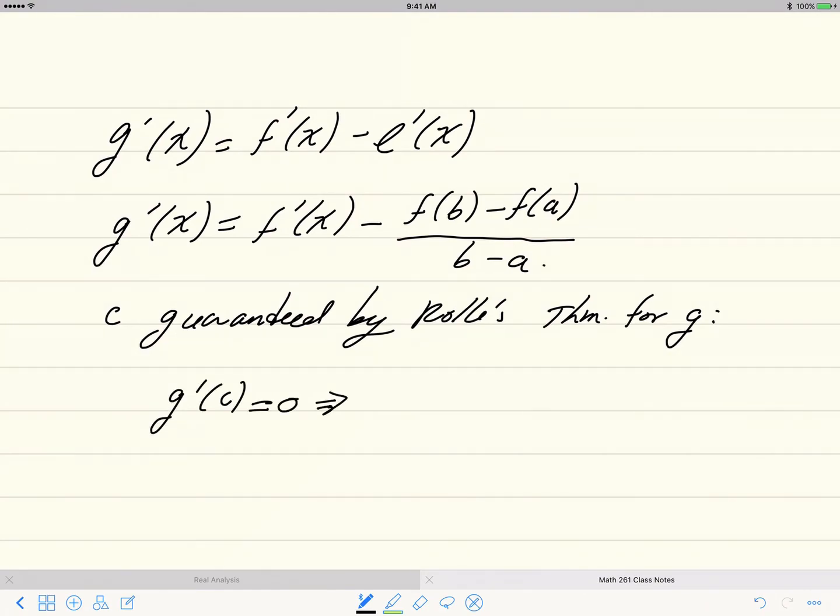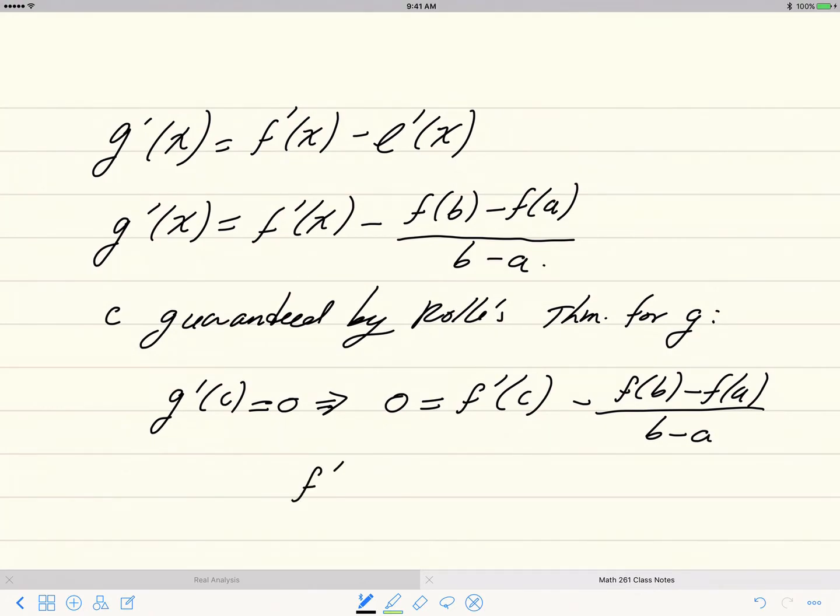So in other words, 0 equals f prime of c, plugging in c instead of x, minus f of b minus f of a over b minus a. If I rearrange this, then I get f prime of c equals f of b minus f of a over b minus a, which is exactly what the mean value theorem was saying about the function f.